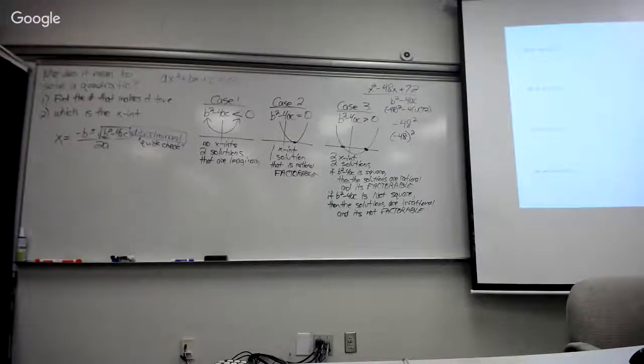Wait, b squared minus 4ac. Yeah, the formula is b squared minus 4ac. There you go. That's it. This is very nice. You saw it. Just for right now, on this page only, we're just solving b squared minus 4ac.